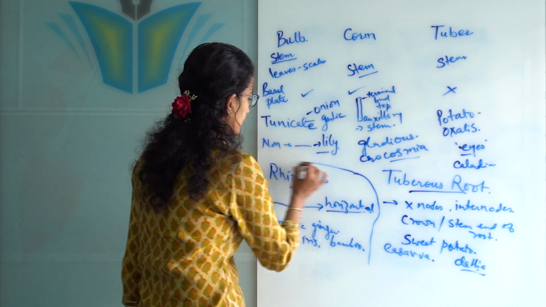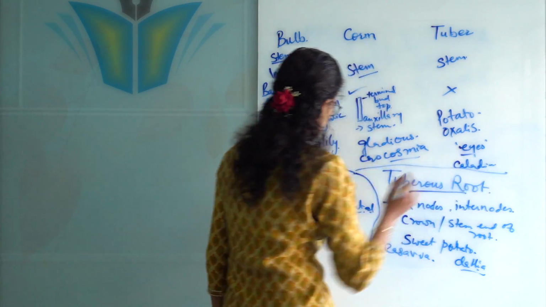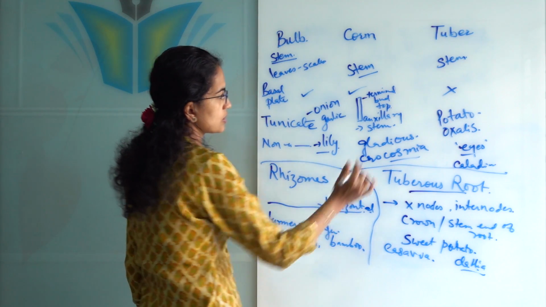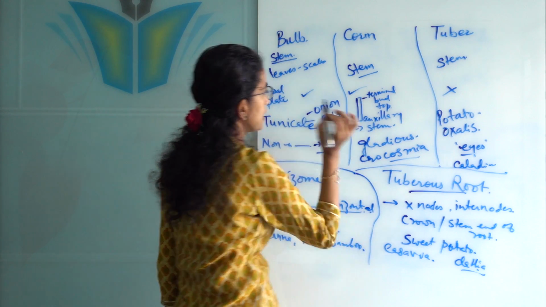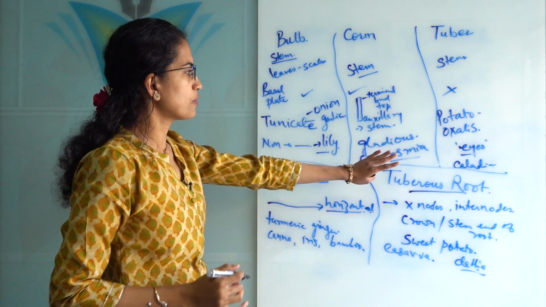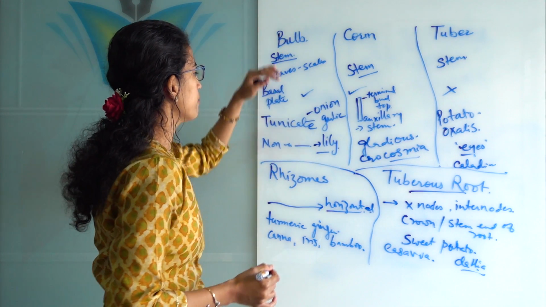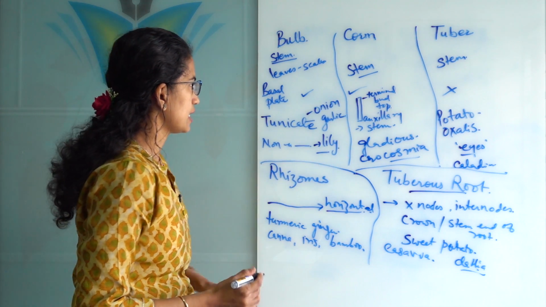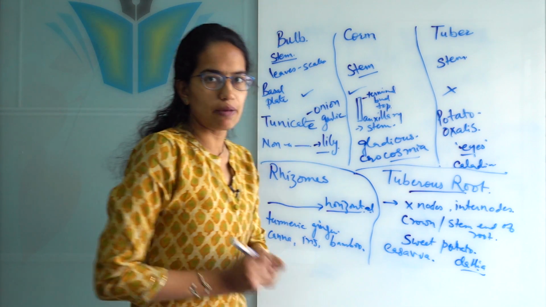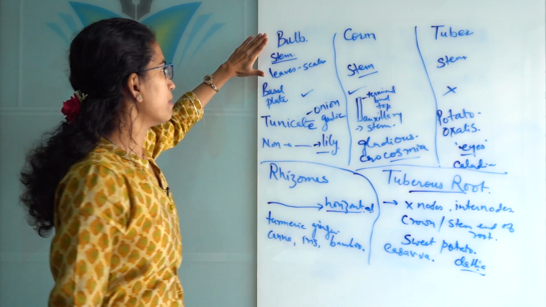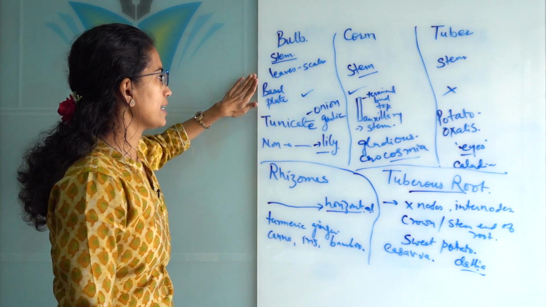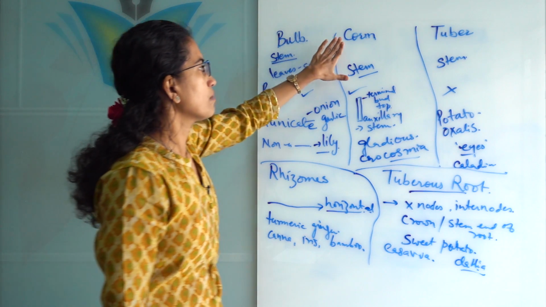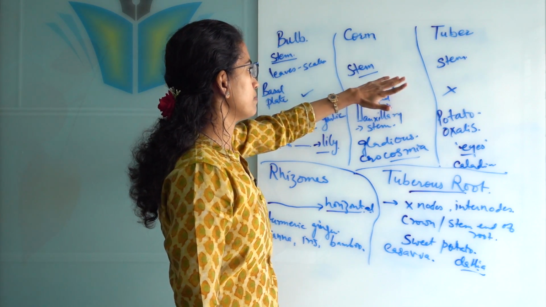We have rhizomes, which are turmeric and ginger. Examples of tuber would be potato and oxalis. Examples of corm would be gladiolus, and examples of bulb would be onion, garlic, lily. The key difference I summarize again. In the case of bulb, there are modified leaves which act as storage, and a basal plate. Corm has an underground stem with a basal plate.